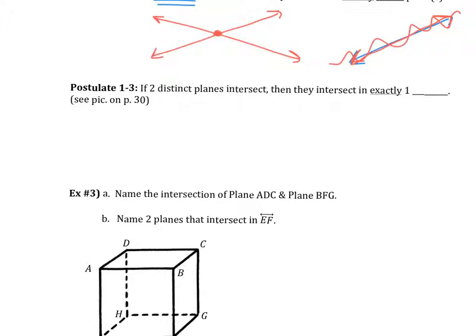A line is correct. Okay, now here's my question. If I had 2 planes, let me draw you a little picture here. And this is not as beautiful as the book. I apologize, but you'll get the idea at least, I think.